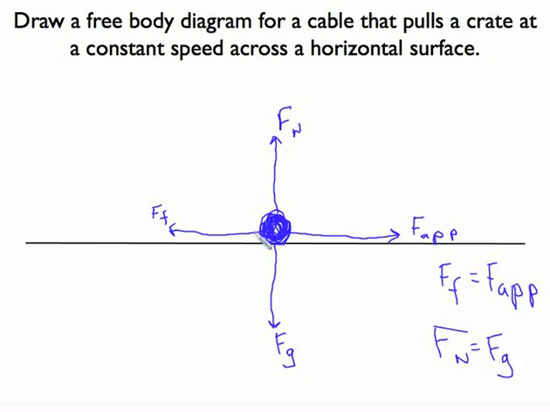That's what keeps this crate from falling through the floor, or the floor from pushing it up. They're exactly even, and so there's no movement in the up and down direction. And I wrote these things over here, so anybody that looks at my drawing knows that I meant these two to be the same, and I meant these two to be the same. They just may not look that way, because I didn't use a ruler or anything to draw them, and that's okay.